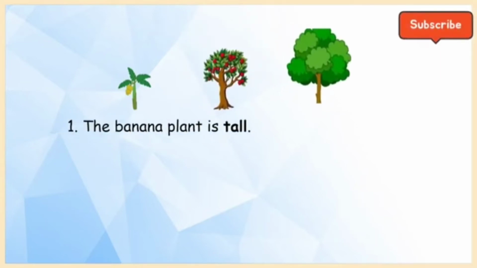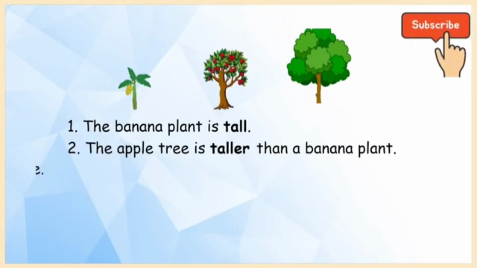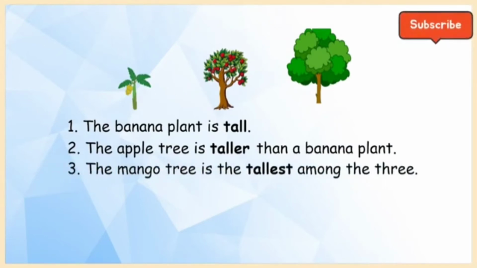Read the following comparisons. 1. The banana plant is tall. The apple tree is taller than a banana plant. The mango tree is the tallest among the three. In sentence 2, which is comparative degree, what is added to the word tall?